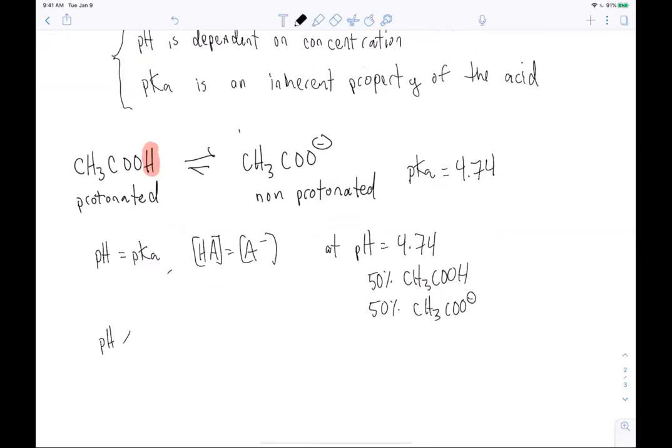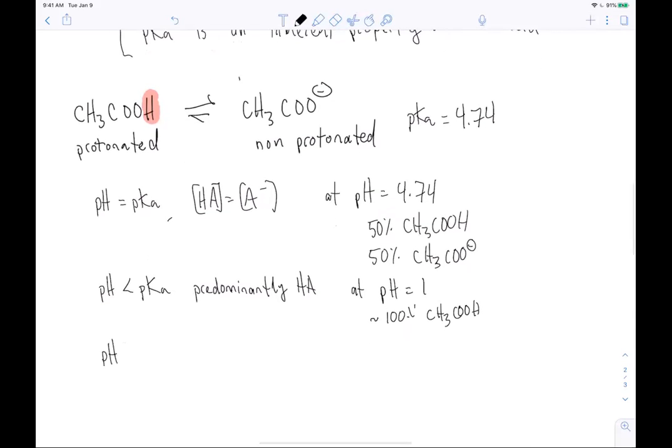If the pH is less than the pKa, now it's predominantly acid. So let's say at pH equal to 1, it's going to be about 100% acetic acid.